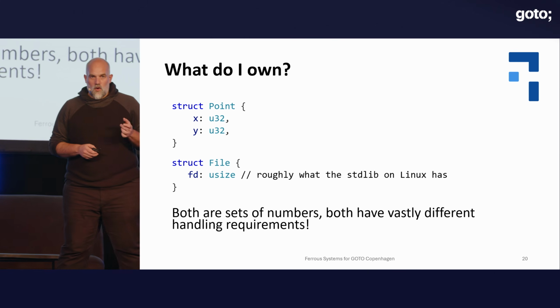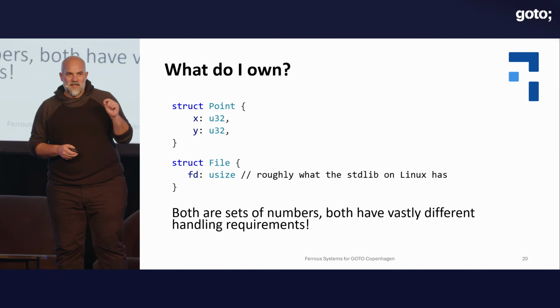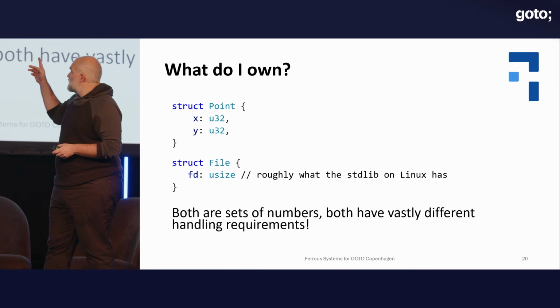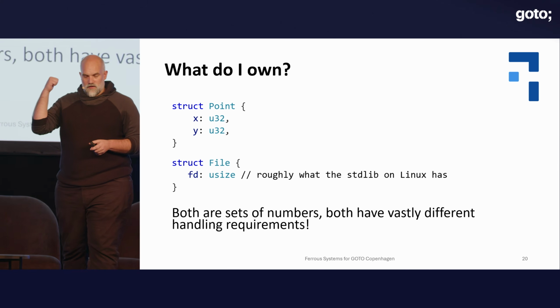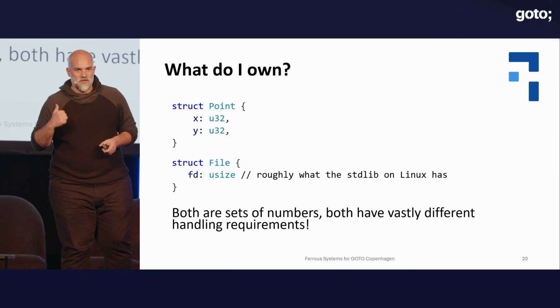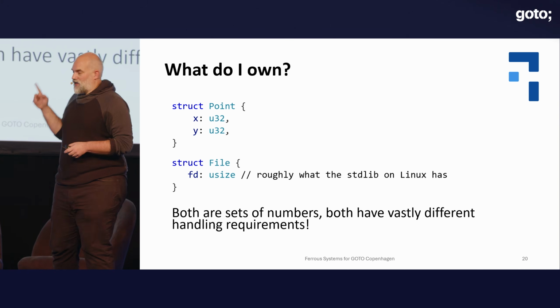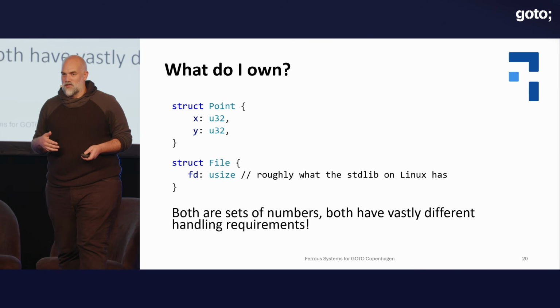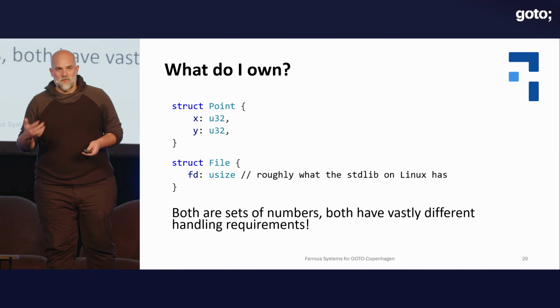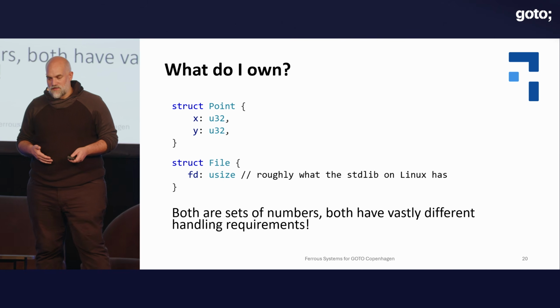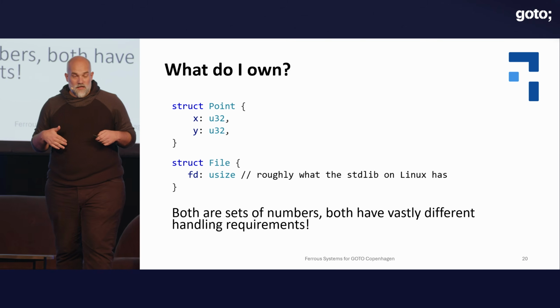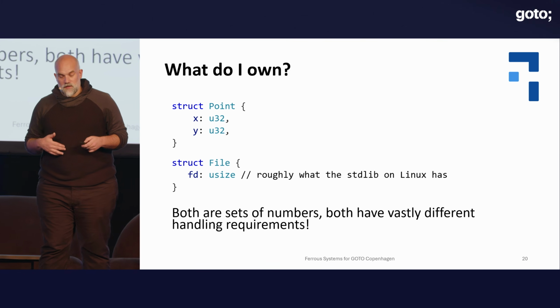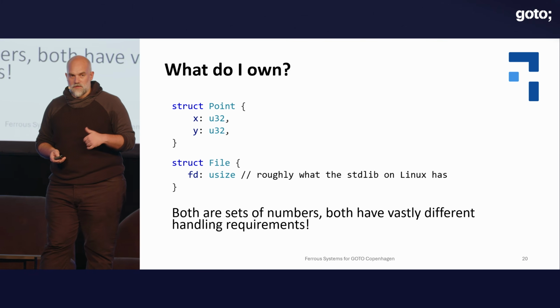So what do I own is one of the first questions that is often missed. There's a huge difference whether I'm owning the first structure, which is a point of two numbers, or a file, which is also just a number. But it happens to be that this number gets acquired by calling the kernel and represents something which is an open file on the file system. From a programming language perspective, that's actually similar, but they have vastly different handling requirements.